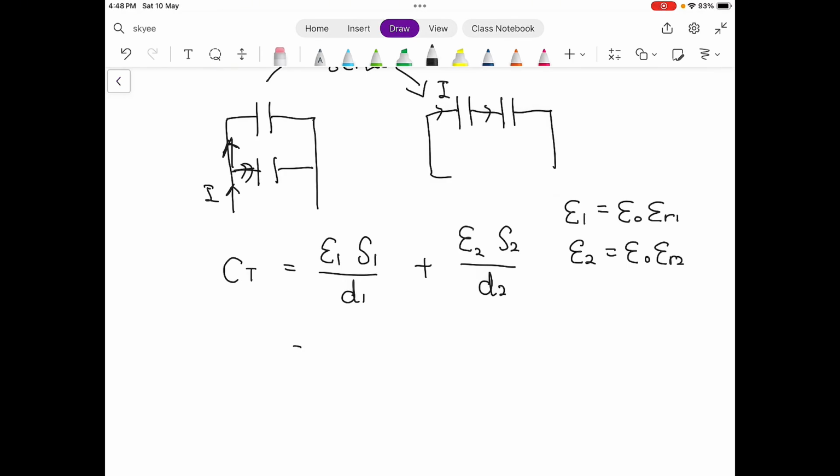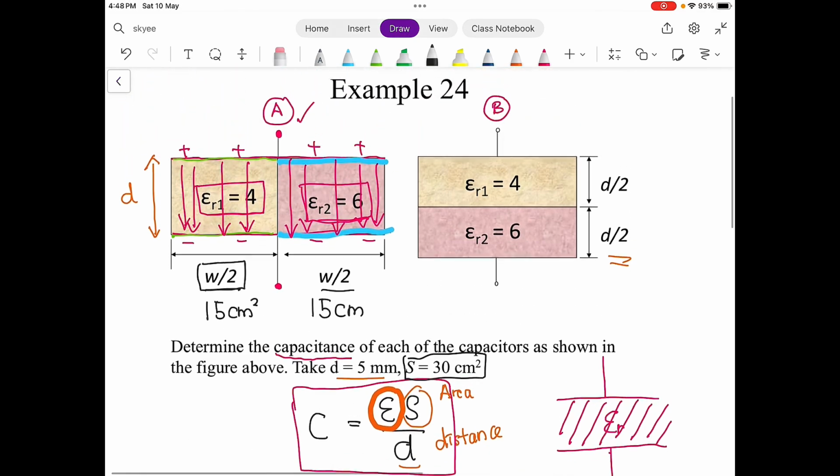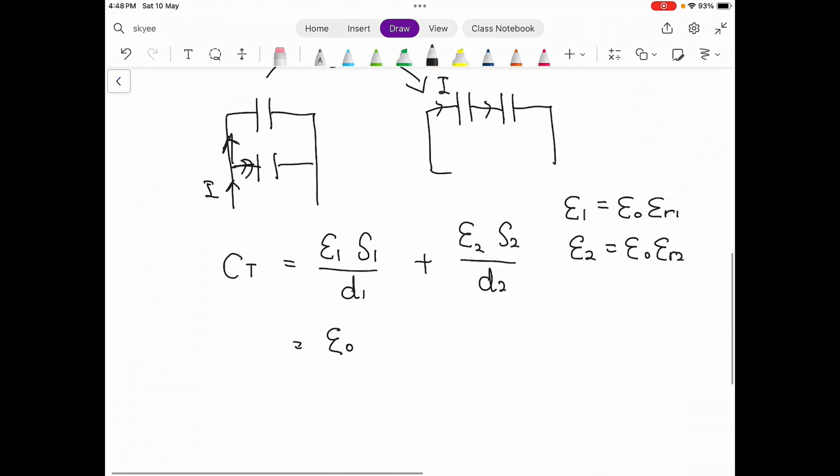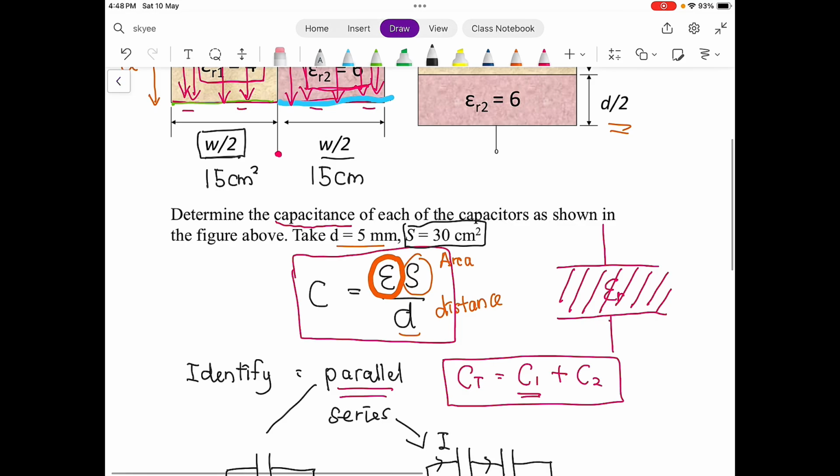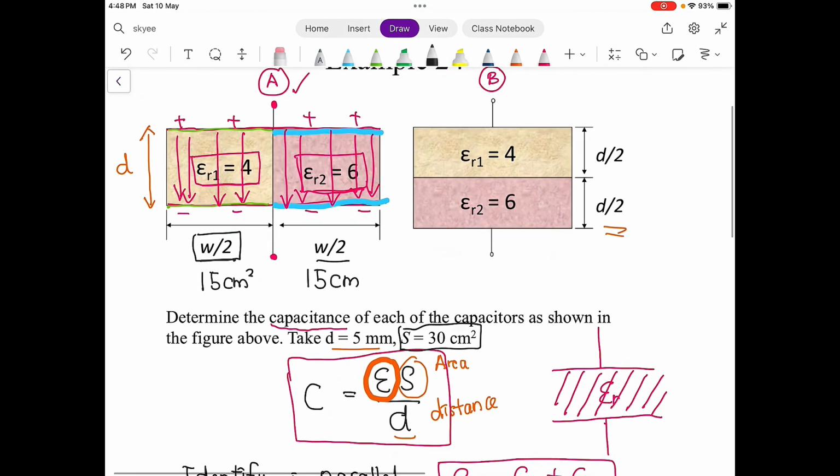So let's do this. Epsilon 1 equals epsilon naught multiplied by epsilon R1. In this case, epsilon R1 is 4, multiplied by S1. S1 represents the area, so we look at the area given by the question. For the whole parallel plate, it is 30 centimeter square.